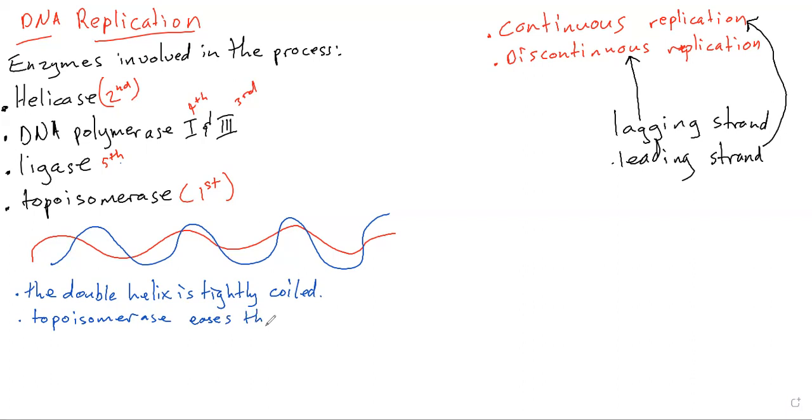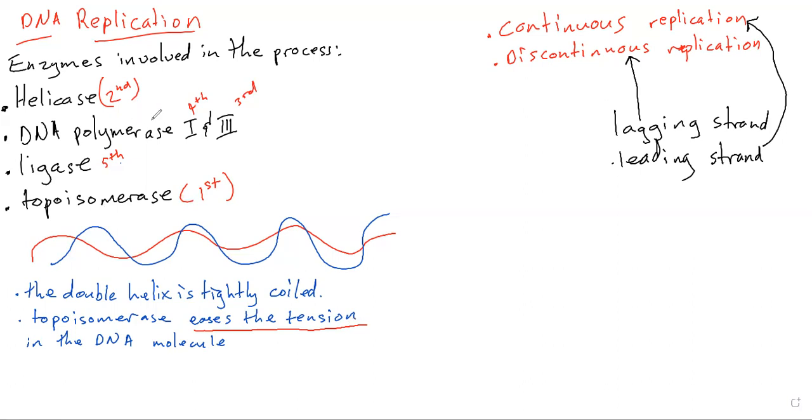The function of the topoisomerase is to ease the tension. Before helicase comes and starts to break the hydrogen bonds to separate the molecule, topoisomerase is actually ahead of it.